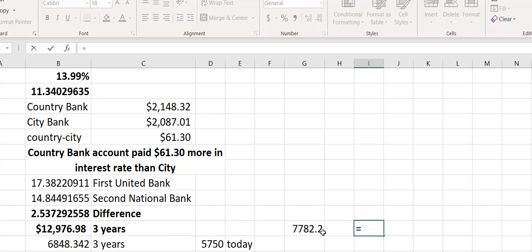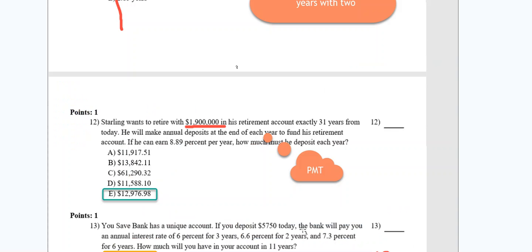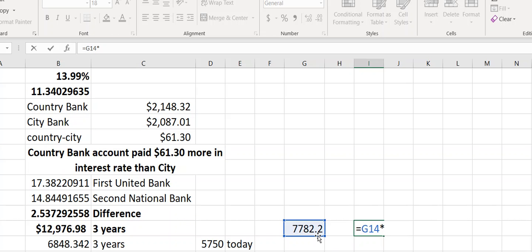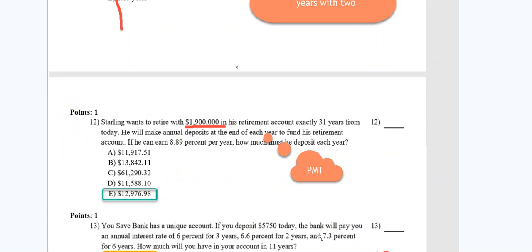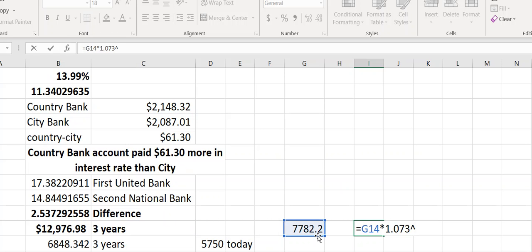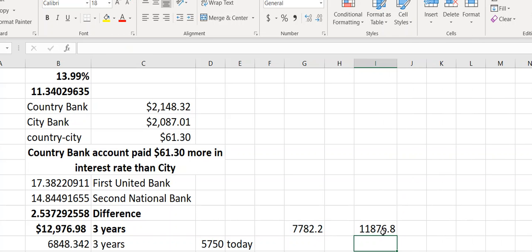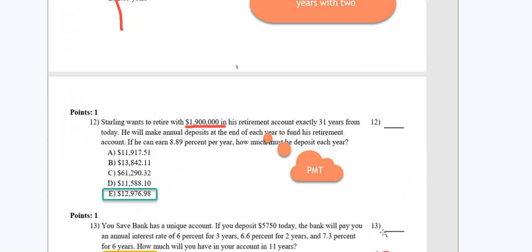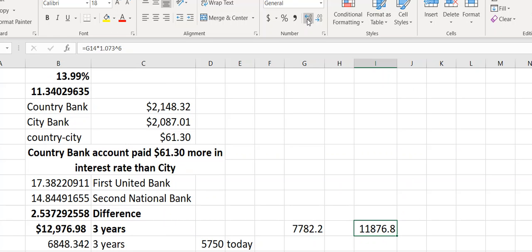And finally this future value of that year is growing at a rate of 7.3. So 1.073 for how many years? For 6 years. So the answer is 1186776.77. So that should be the correct answer.